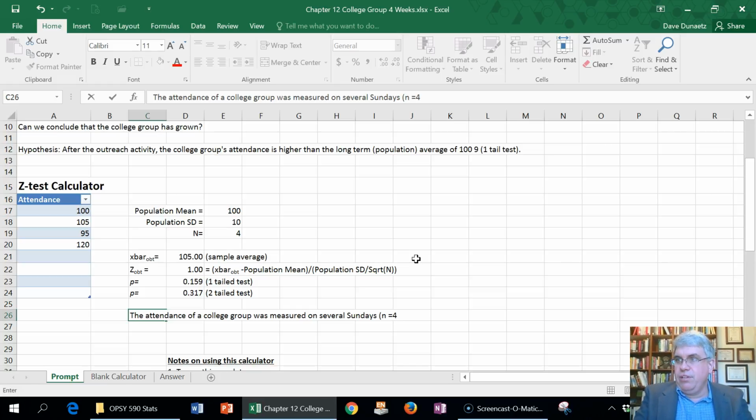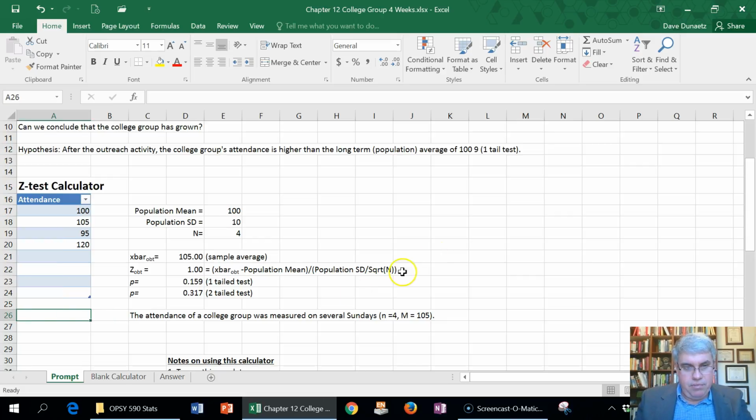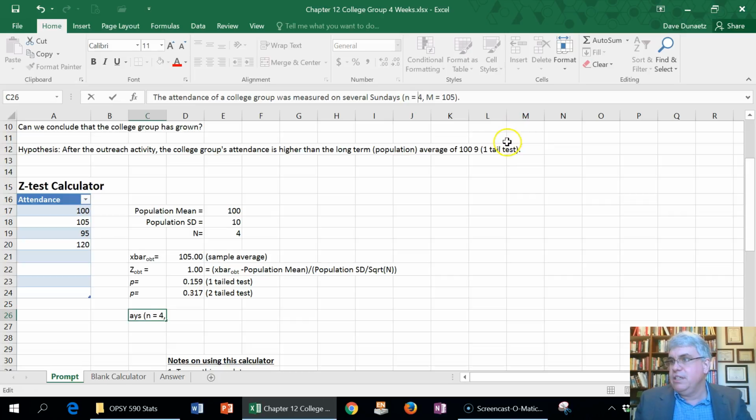We use a little n usually when we're writing up APA for sample sizes or a subsample. We could use a small or a capital N. And then we use a capital M for mean. M equals 105. And you put a space before and after the equals. So I didn't put the space after the equal sign, so I'll put that there.